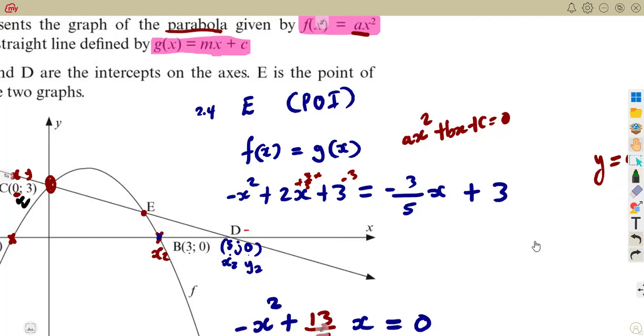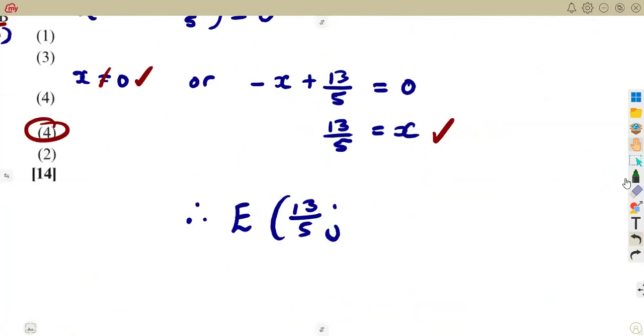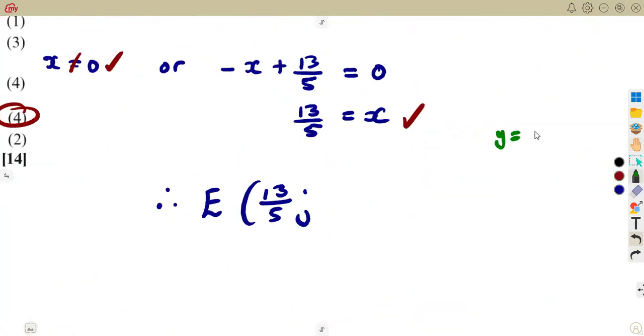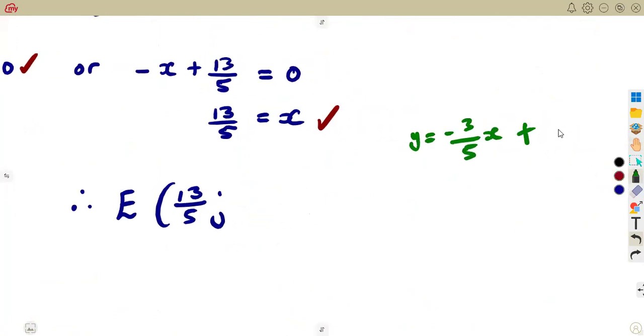In g of x. Remember, our g of x was minus 3 over 5 x plus 3. I'm going to use the easier one, guys. Instead of using that quadratic, let's just take the linear. So to find the y value, just substitute any one that you want.